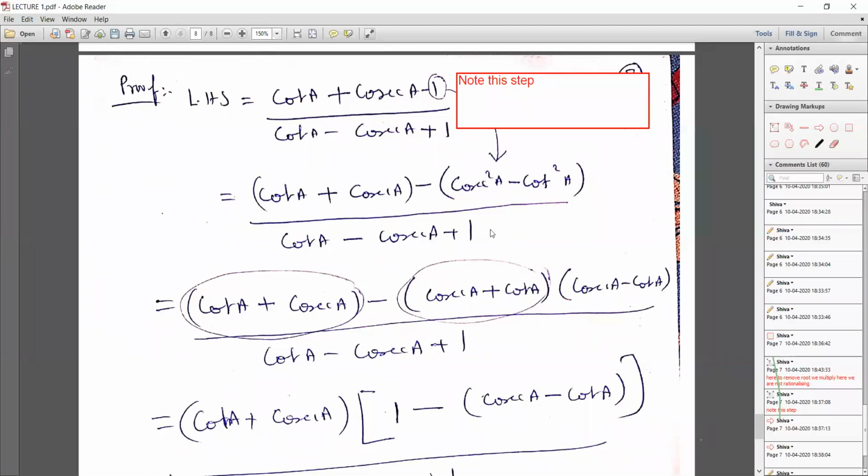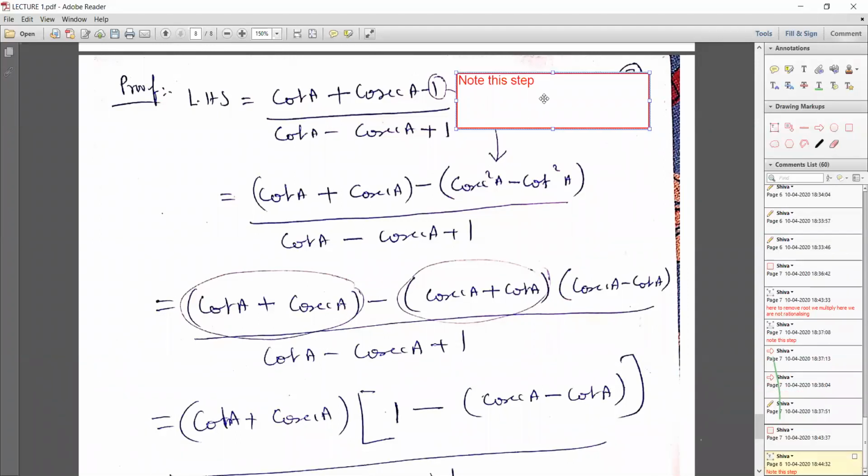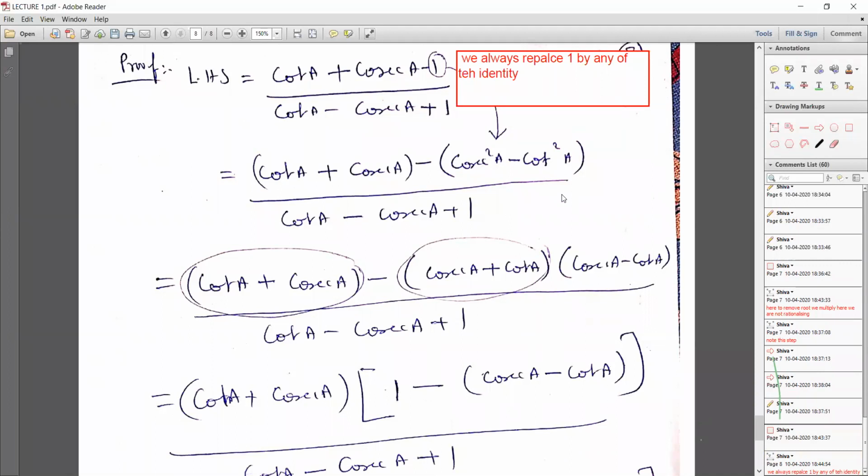Now, in these type of sums, you have to see that in place of 1, we can make use of the identity, because the question is in terms of cot A and cos A. In place of 1, what can we write? I taught you when I taught you the results of the 3 identities. In place of 1, we can write cosec square A minus cot square A.